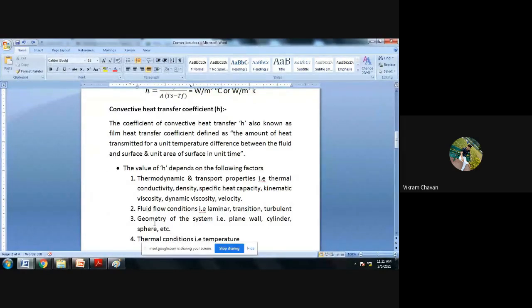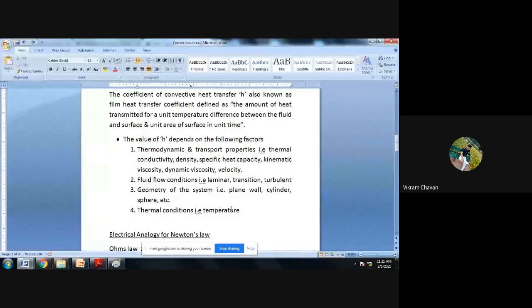Then the last one is the thermal condition. Thermal condition means the temperature of the fluid and the temperature of the surface, on which this h value, the convective heat transfer coefficient, also depends.